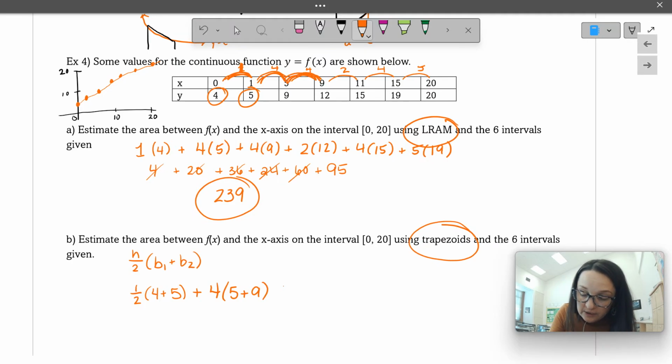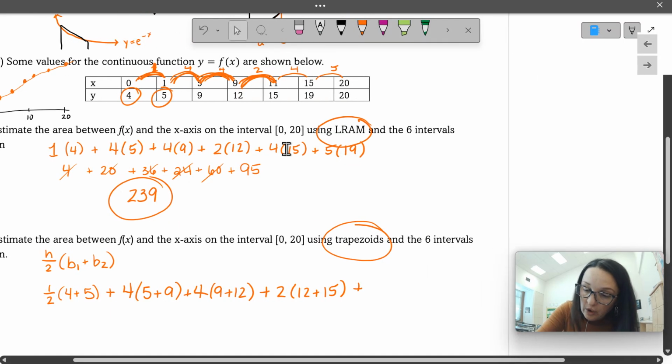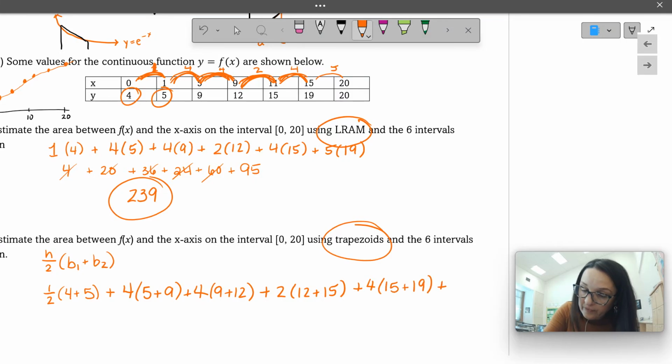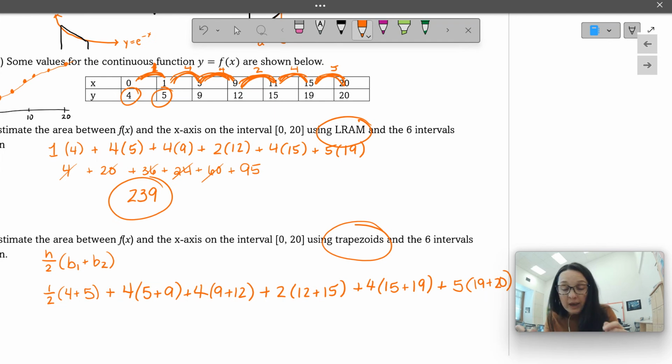My next height is 4, 9 plus 12. 2, 12 plus 15. 4, 15 plus 19. 5, 19 plus 20. And it's all supposed to be h over 2, so I'm going to come back and divide all of those heights by 2. Okay? I could have done that while I was writing it out in the first place. I forgot, so I put it in after. As long as you divide by 2, we're fine.